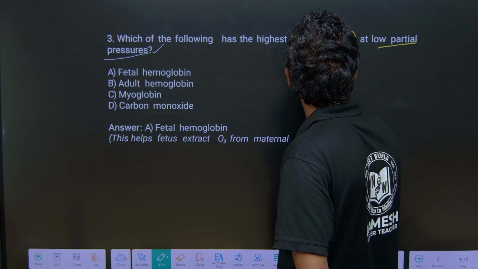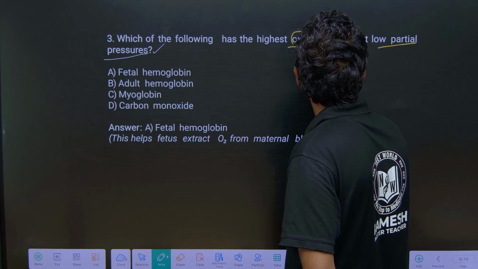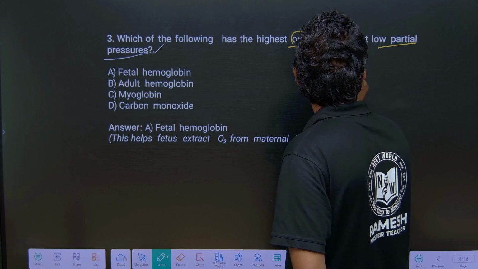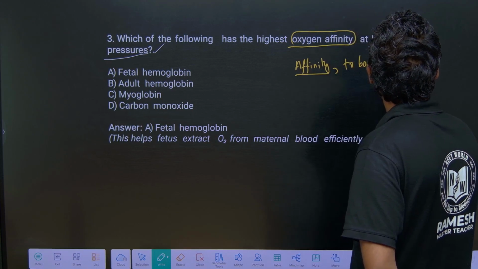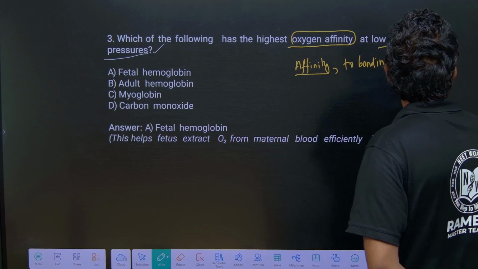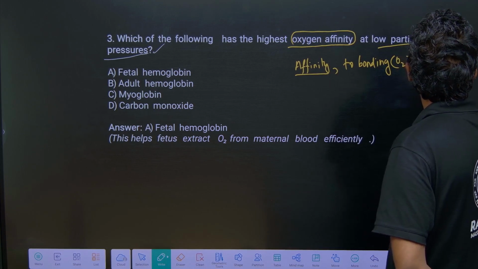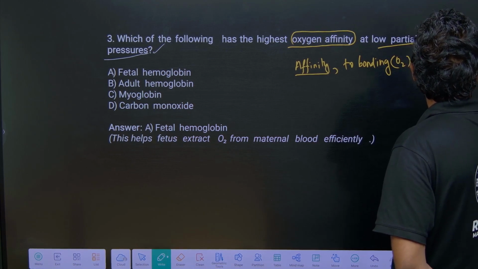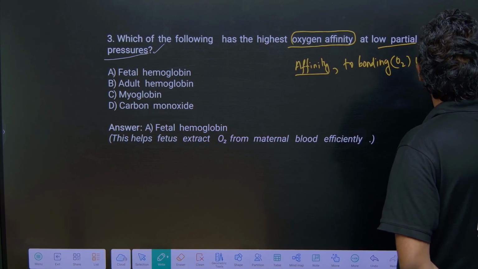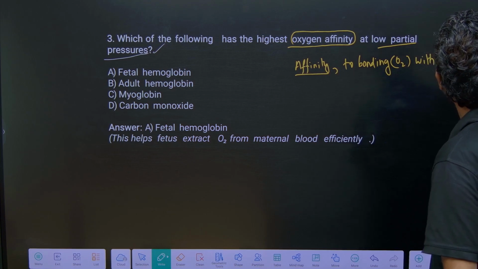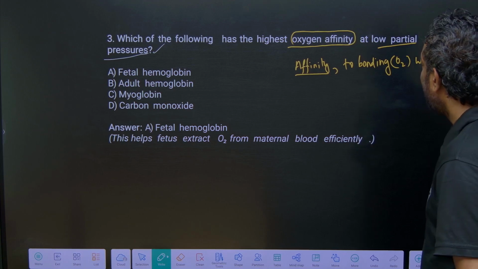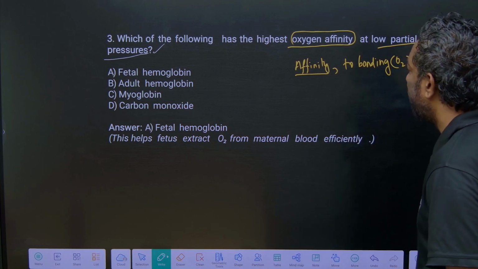Affinity is the bonding of oxygen with blood hemoglobin. Oxygen binds in the hemoglobin heme part. Bonding of oxygen with hemoglobin is affinity.